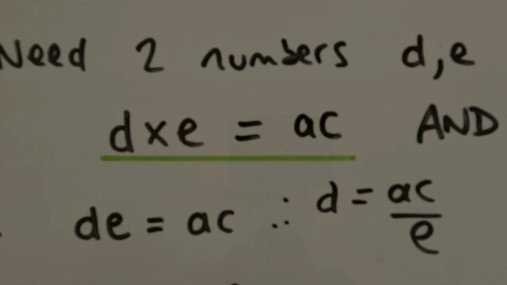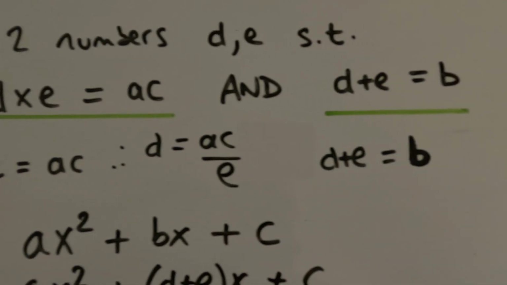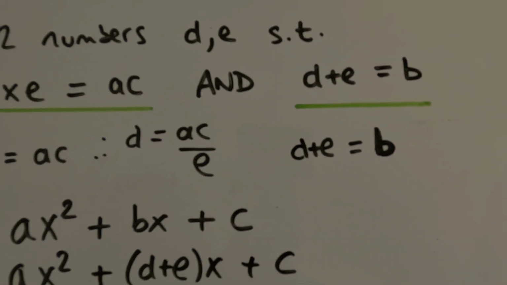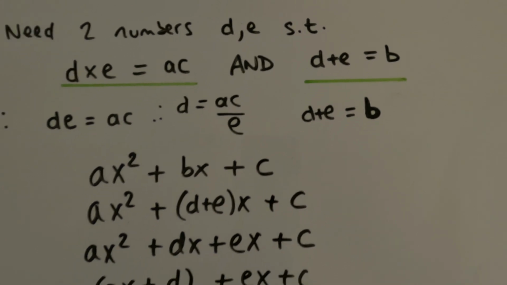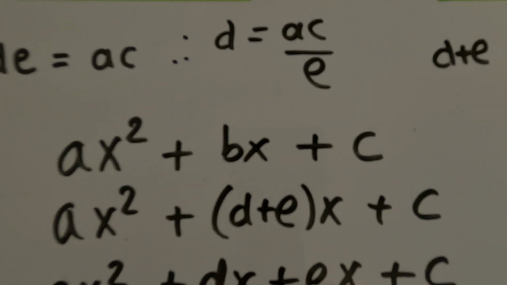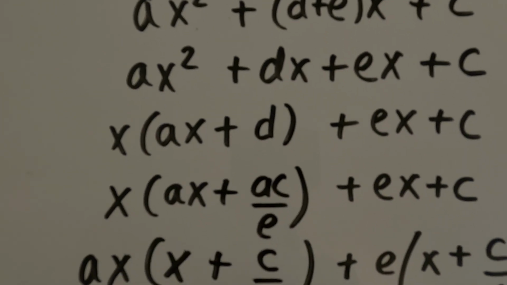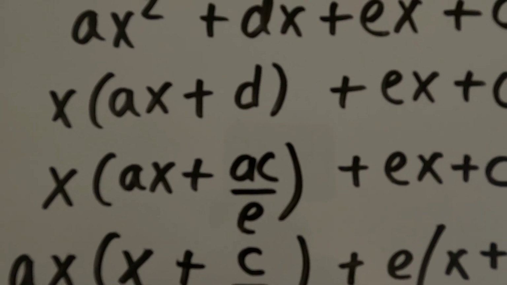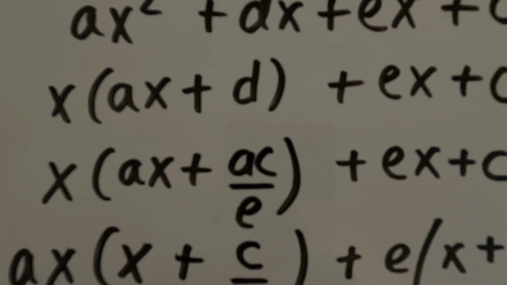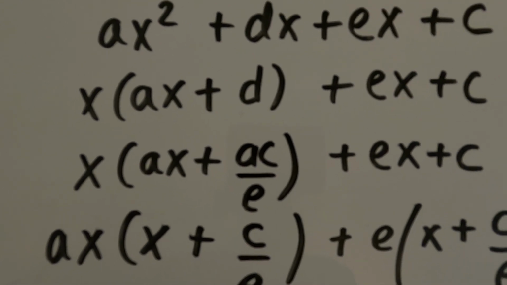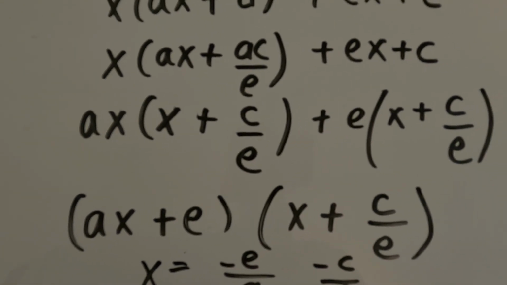We've satisfied the product condition de equals ac and d plus e equals b is the addition condition. We've satisfied both. The addition condition we assumed up here, we plugged it in up here. The product condition we assumed here, we plugged it in down here. We changed d to ac over e. And it all comes out to be that.